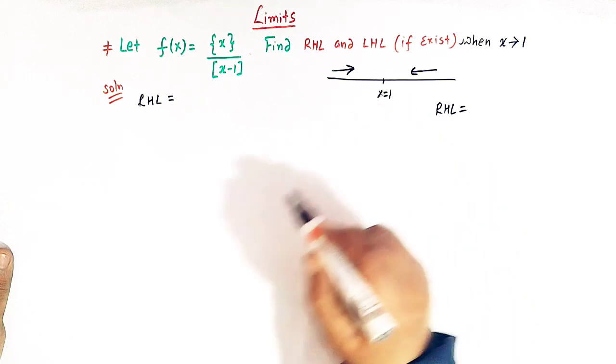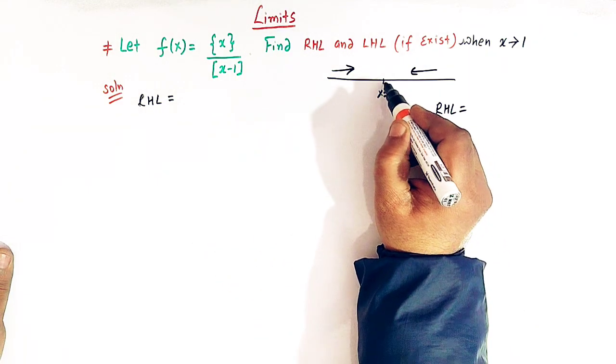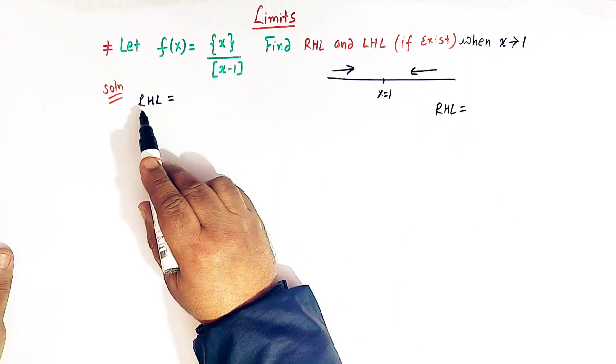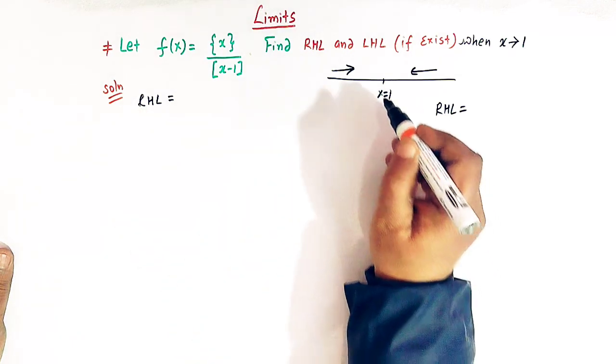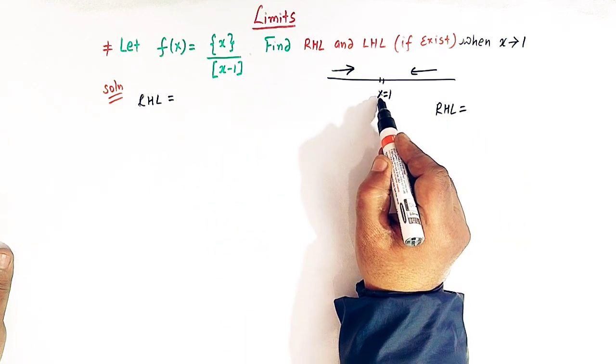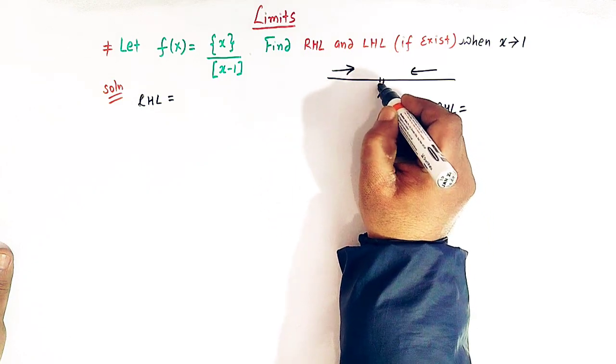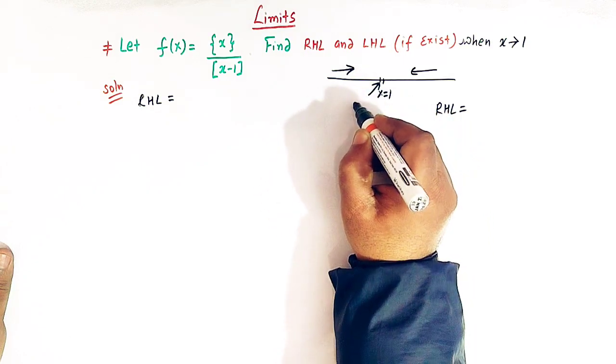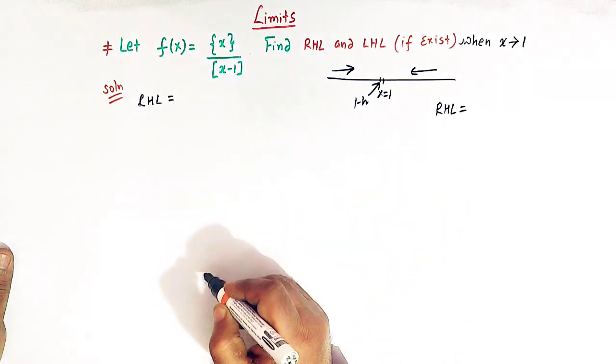For the left hand limit, we take a point very close to x is equal to 1 but towards the left. This point is given by 1 minus h.